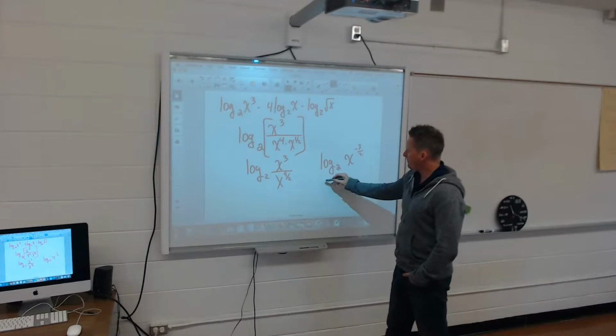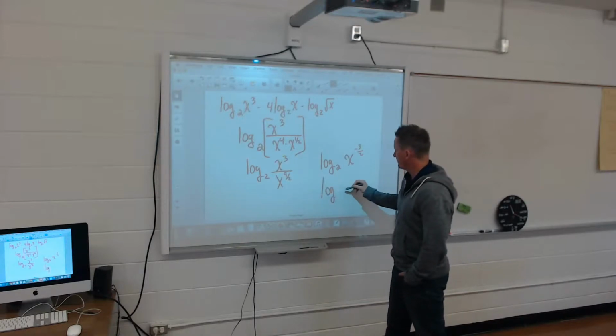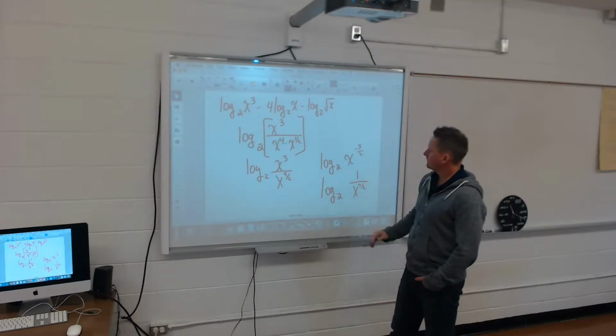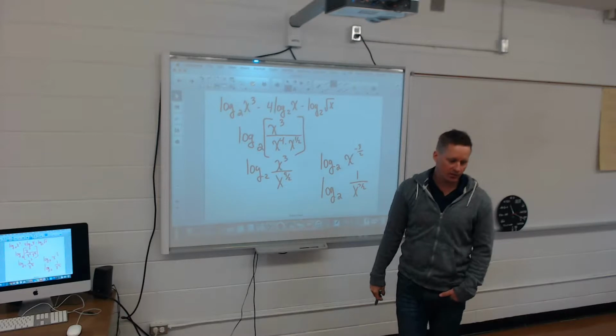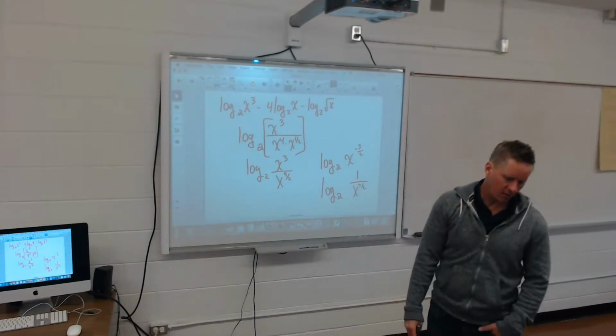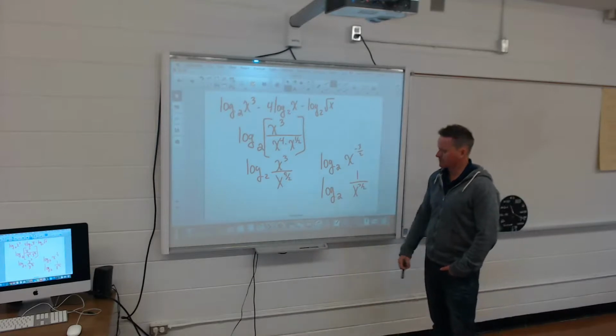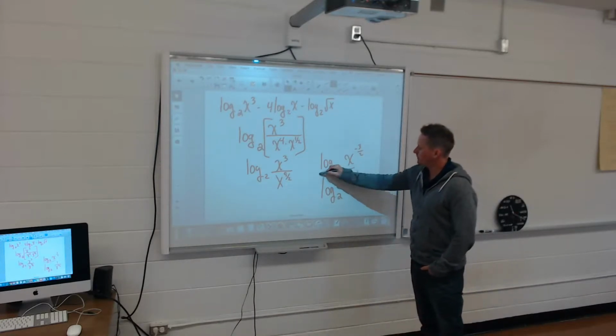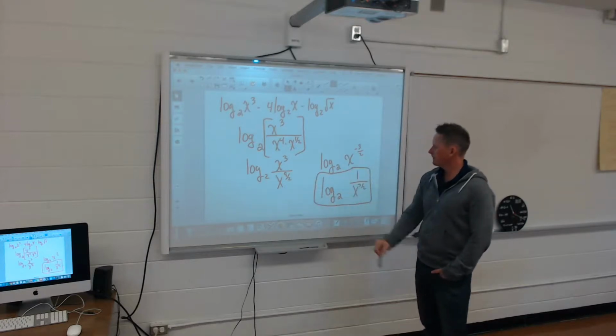Now I could make it positive if I wanted to, based on my other rule, by putting it like this. I could do that. I don't necessarily need to. I don't know where the book is going to finish that off as. Yeah, they do put it as log of 1 over x to the 3/2. Okay, so there would be my final solution.